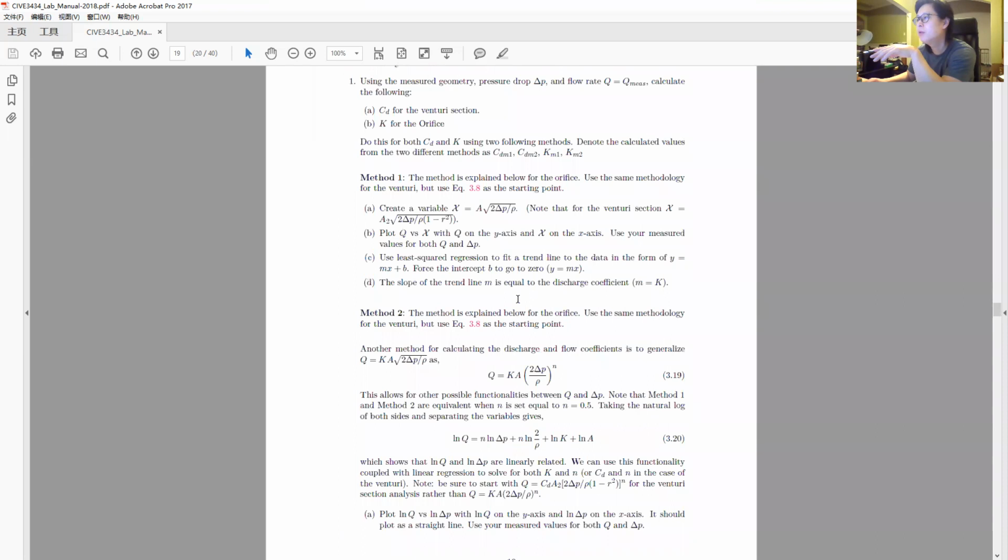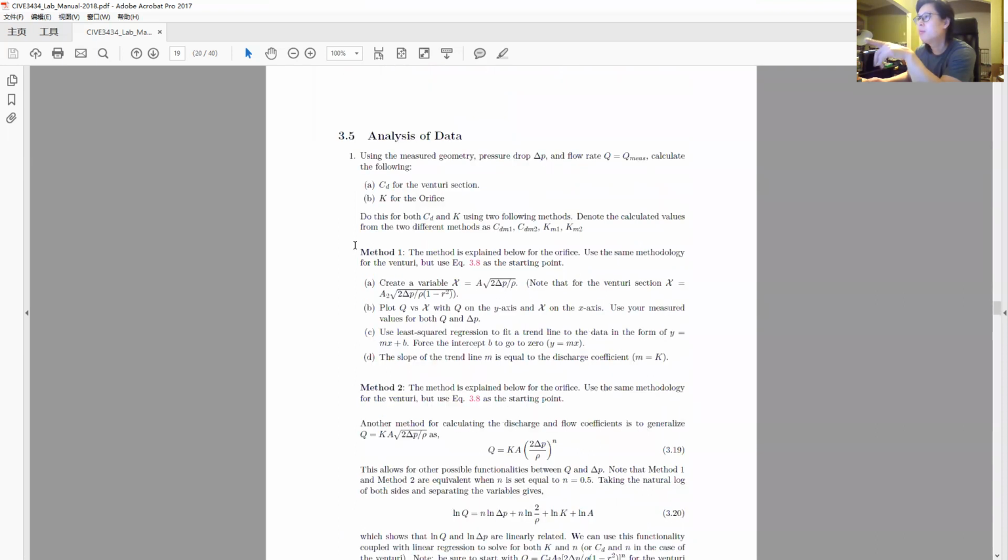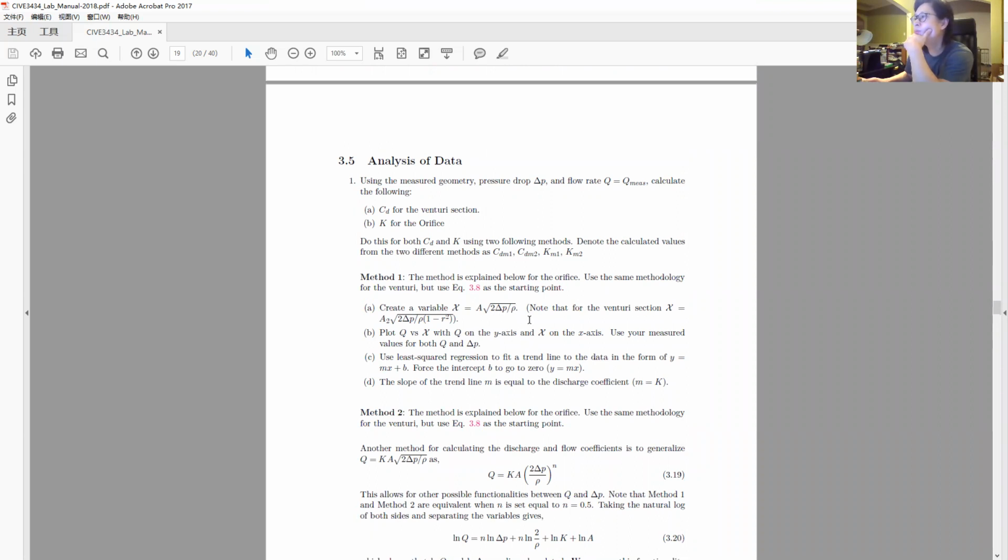So let me talk a little bit about method one. For method one, we create a variable, a big X, equals the square root of 2 delta P over rho. The example in this manual is only for the orifice.